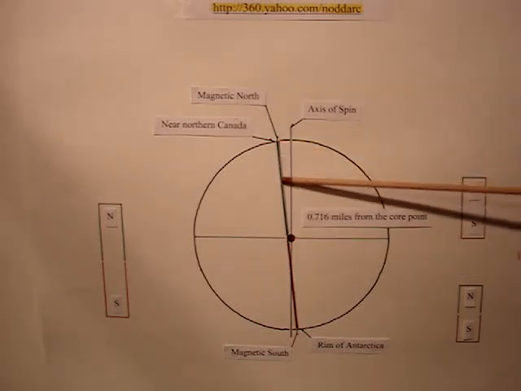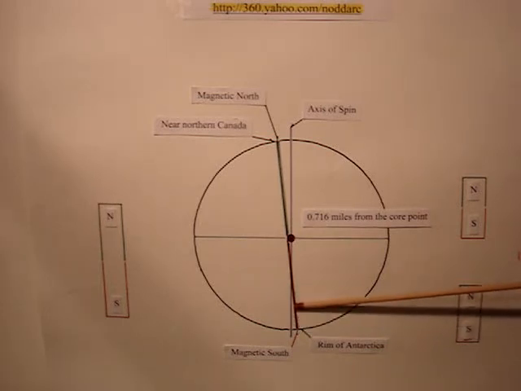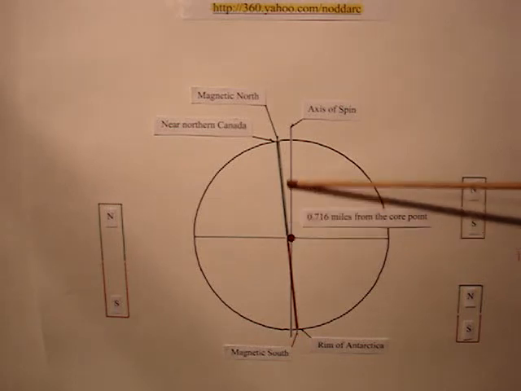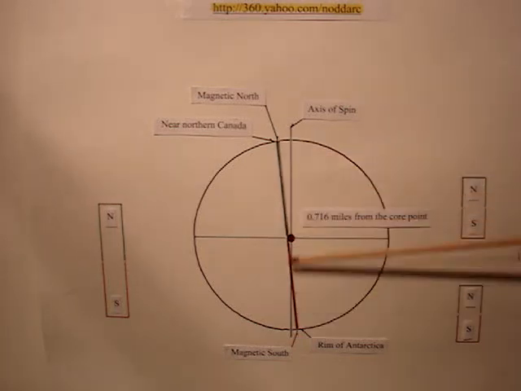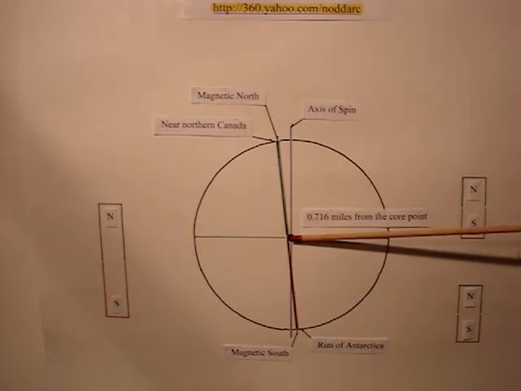The magnetic north and the magnetic south, this line should pass through the center of our Earth, but it has to move over because these lines cannot pass through this area where the mass is so dense. Magnetic domains cannot form there.